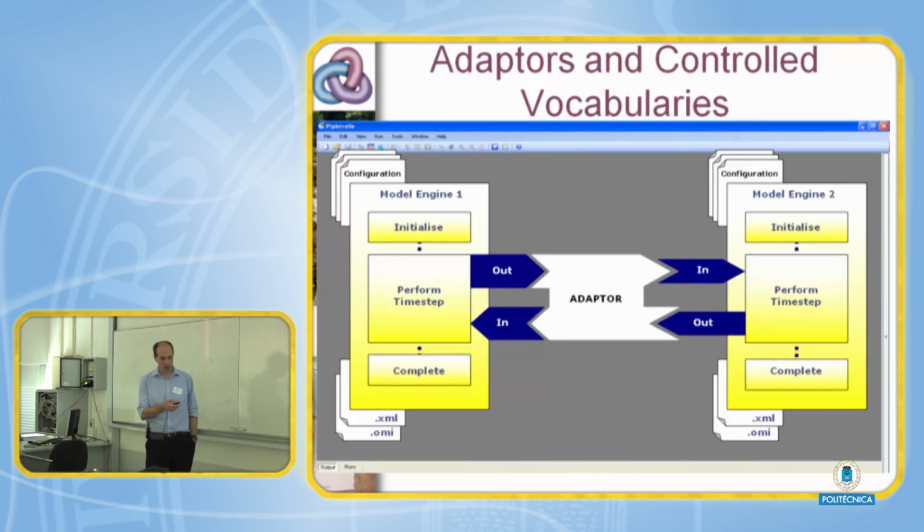If you are eagle-eyed, you will have noticed that those outputs do not fit into those inputs. So we need an adapter. Now again, in the modeling world, you're very lucky if the outputs you produce will exactly go into the inputs of somebody else's model.